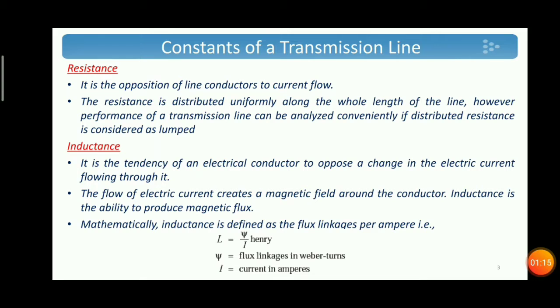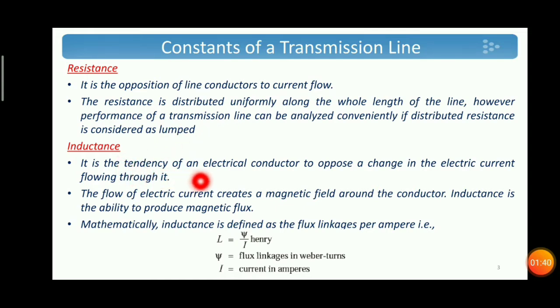Resistance is the opposition of conductors to current flow. We know that the resistance is uniformly distributed along the line. But for conveniently analyzing the system, we consider that the resistance is lumped at a particular length of the line.